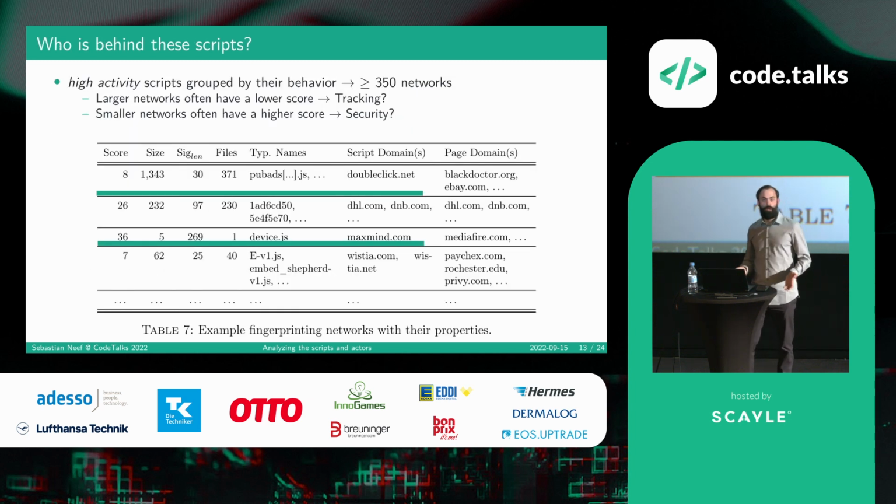So what do we do now? There are some scripts with more activity, and some scripts with less activity. Let's try to find out more. Who is behind a script? Who is operating all the fingerprinting scripts? For that, we tried to group them into so-called networks. How did we do that? We used the script signatures.